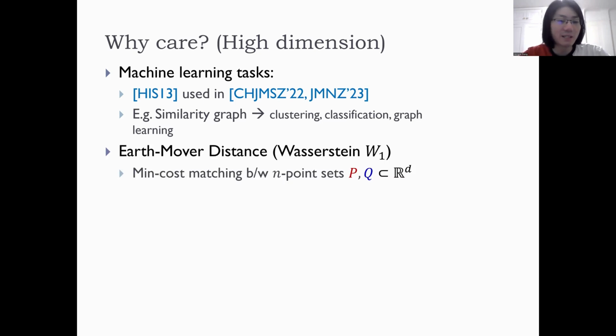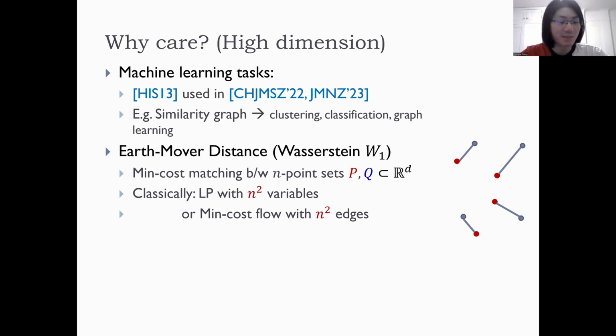We also find a theoretical application, which is to compute the Earth mover distance between two distributions. The Earth mover distance was introduced in statistics. For simplicity, we consider the following simplified problem, where we have two sets P and Q, and we want to calculate a min cost matching between these two sets.